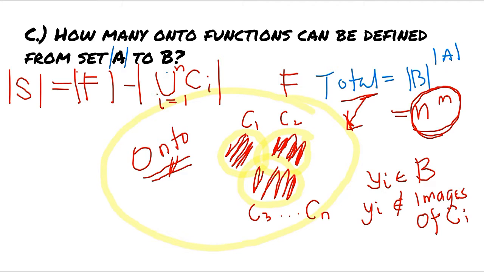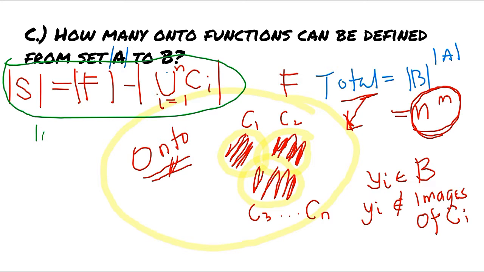So when we take the cardinality for that, this whole equation, we could simplify using the inclusion-exclusion principle.